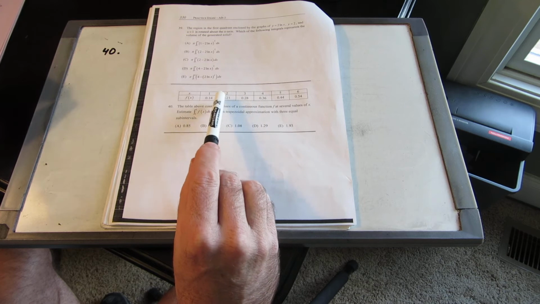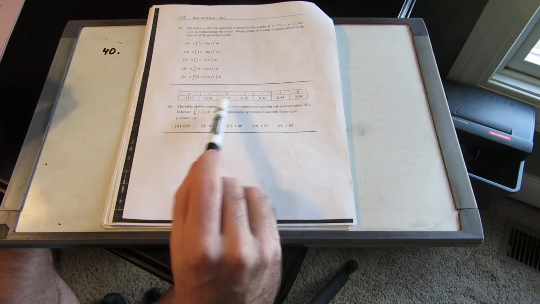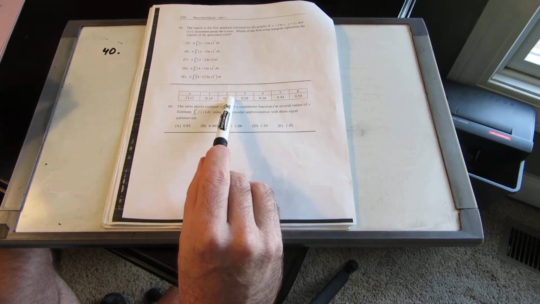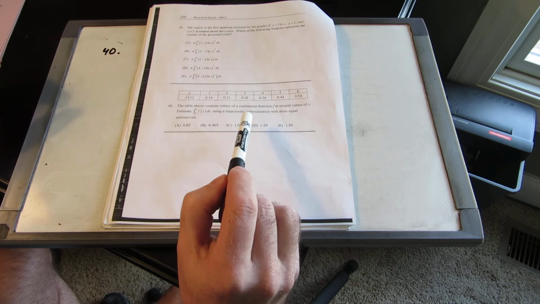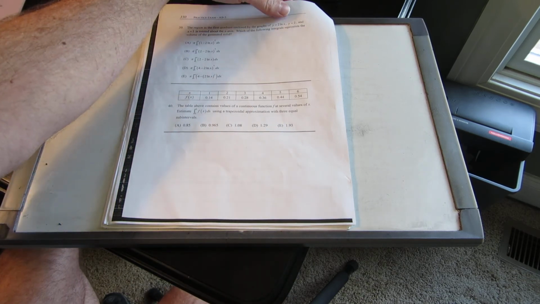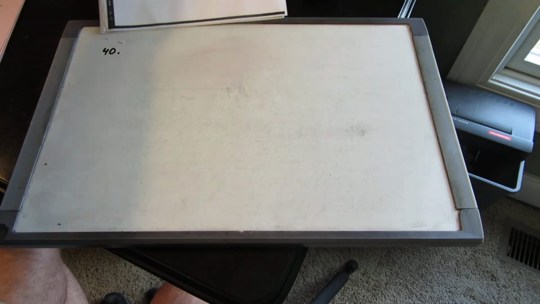And then the height is just the average height. So for 2, it's 0.21, for 3, 0.28. Take the average of those two numbers. And then you just sum up those three trapezoids.